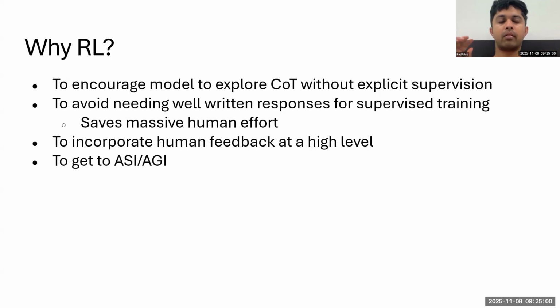You don't need to make specific comments about what parts of the response are good. You just say the response is good, and you can give a score between 1 to 10, and that's it. And the ultimate expectation is that many people think, I believe to a certain degree only, that RL might help us unlock artificial superintelligence or artificial general intelligence. Next slide.